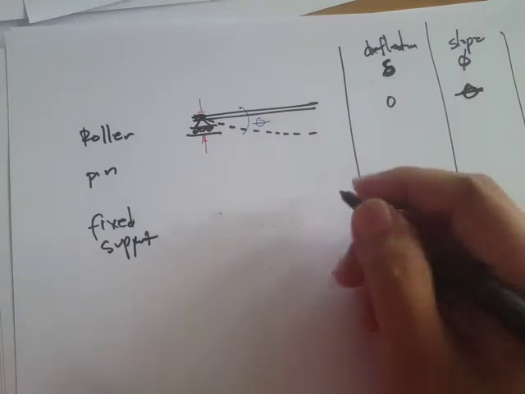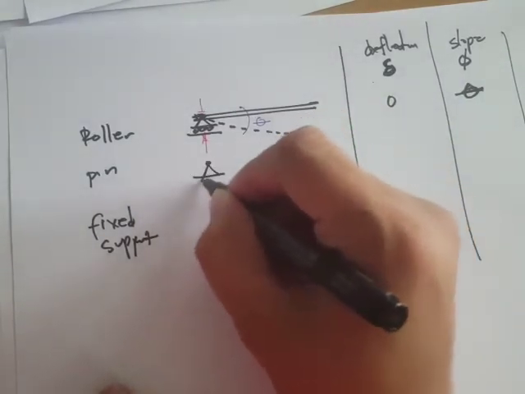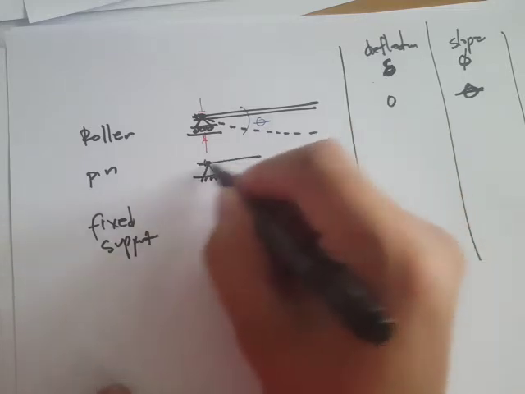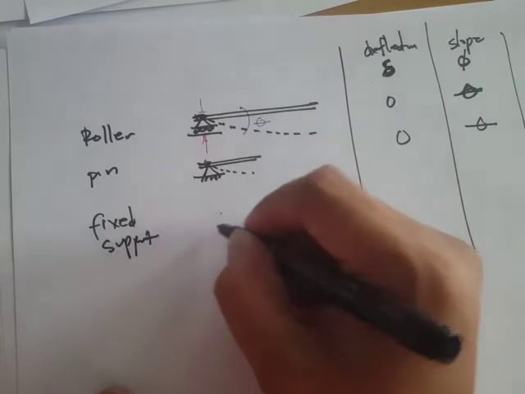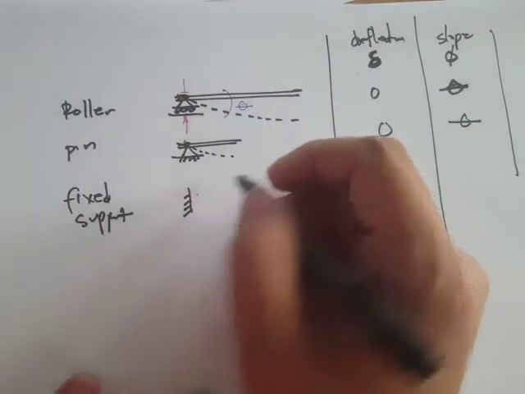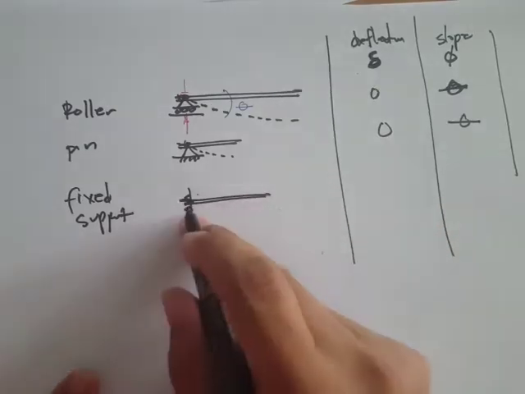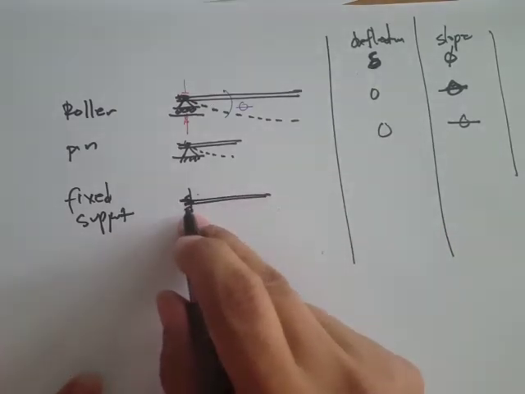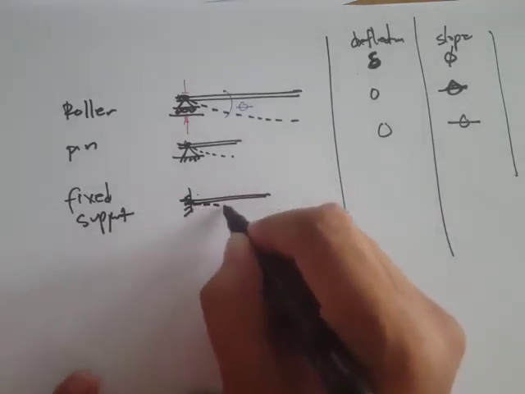Okay, so for a pin, it's also the same. For a fixed support, since at this point it doesn't allow rotation, the rotation or the slope at this point is 0.